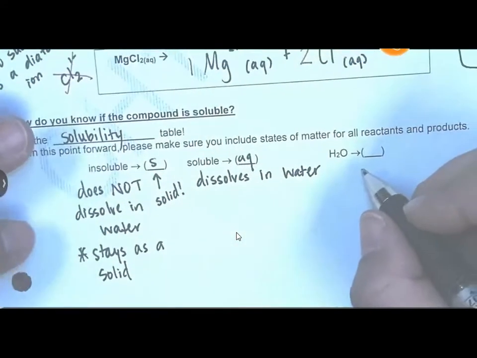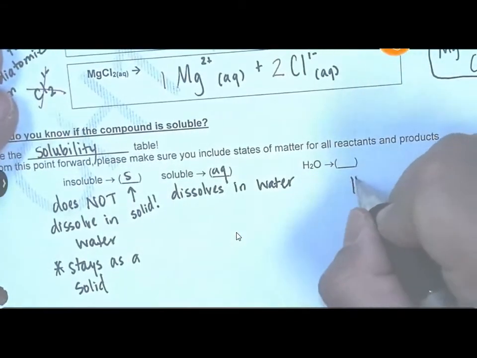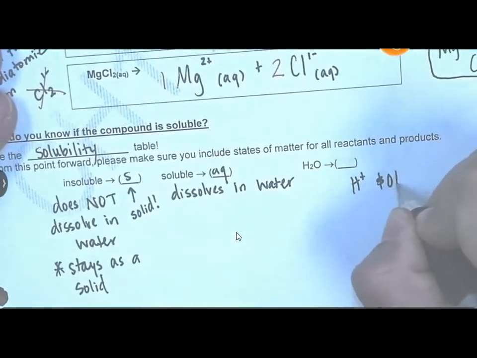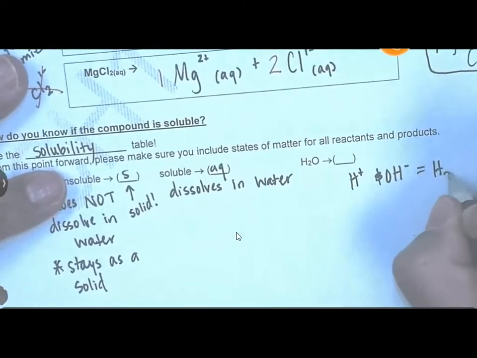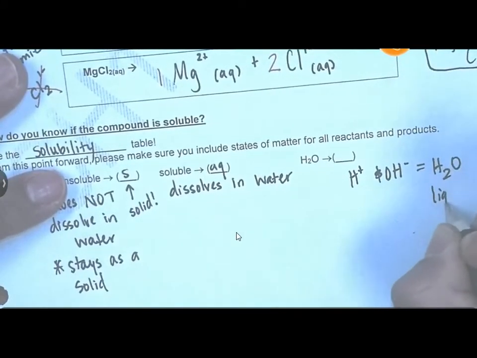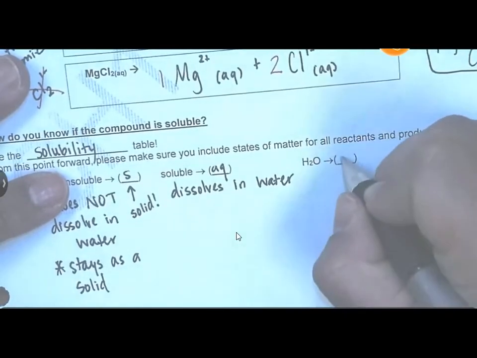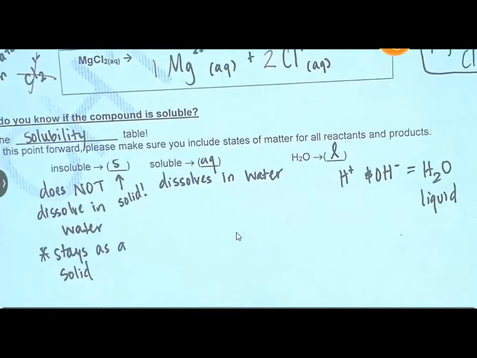And if it forms H2O, that's H+ and OH-, right, coming together, they're going to form H2O, which is a liquid. So I'm going to put L for liquid.